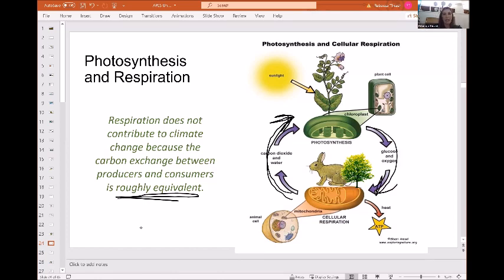So that's a pretty equivalent circle there. It's only really when we either completely destroy a bunch of producers like deforestation, or we pump out a bunch of long-term stored carbon dioxide in the form of fossil fuels that we have a disequilibrium of the amount of CO2.